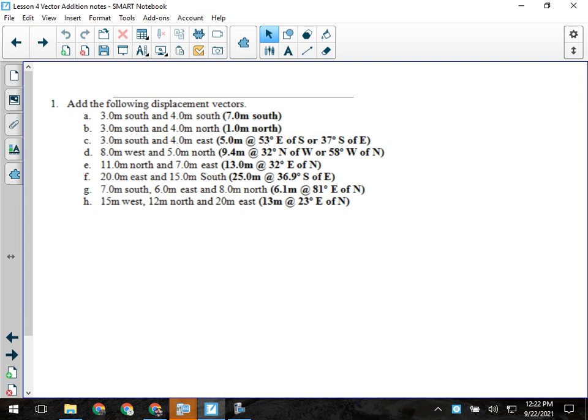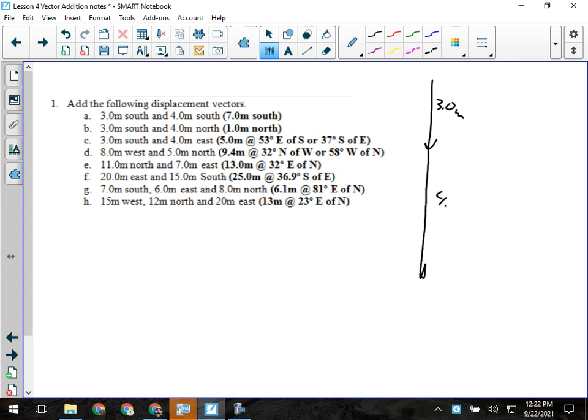Collinear, yes, because they are on the same line. If I was drawing the diagram, I would have 3.0 meters and then 4.0 meters, and obviously my overall displacement would be 7.0 meters south. Those are obviously the easiest kind.